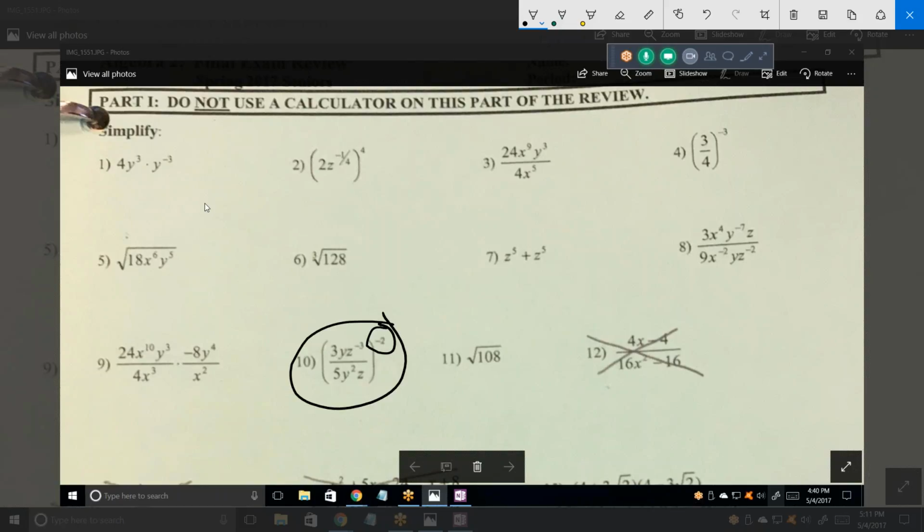I'm going to apply it to every term I'm looking at, because every term I'm looking at is to the -2. Okay, so it's relatively straightforward. It's 3 to the -2 in the numerator, and it's y to the -2. Stop me if you don't see what I'm doing.